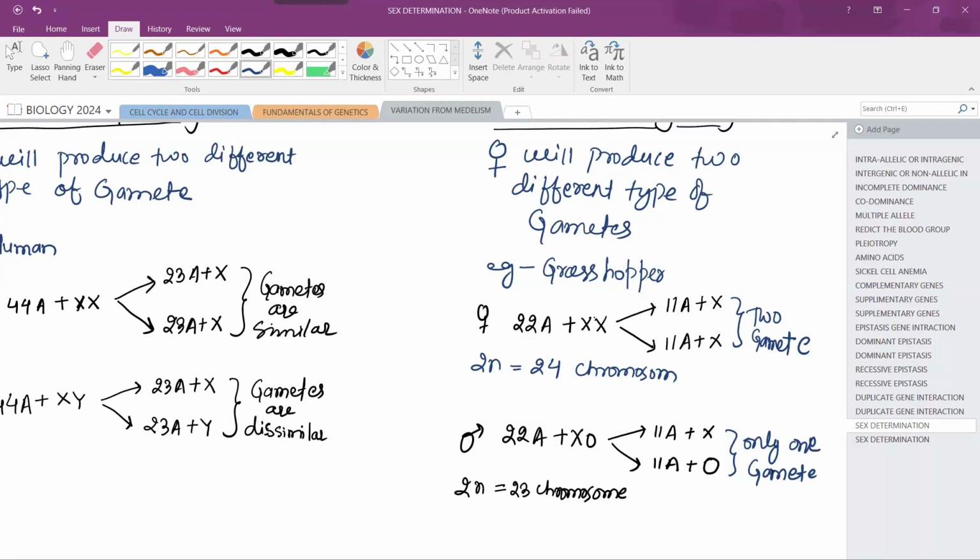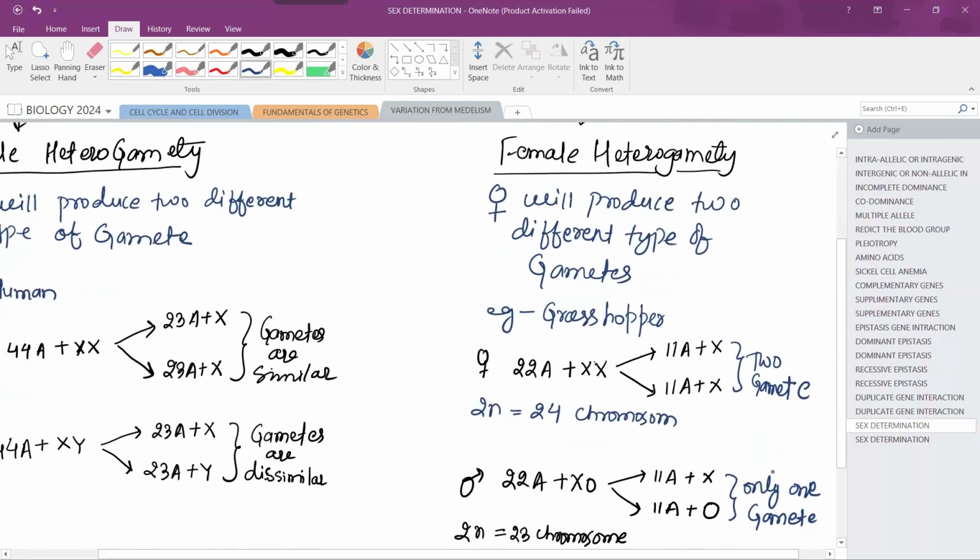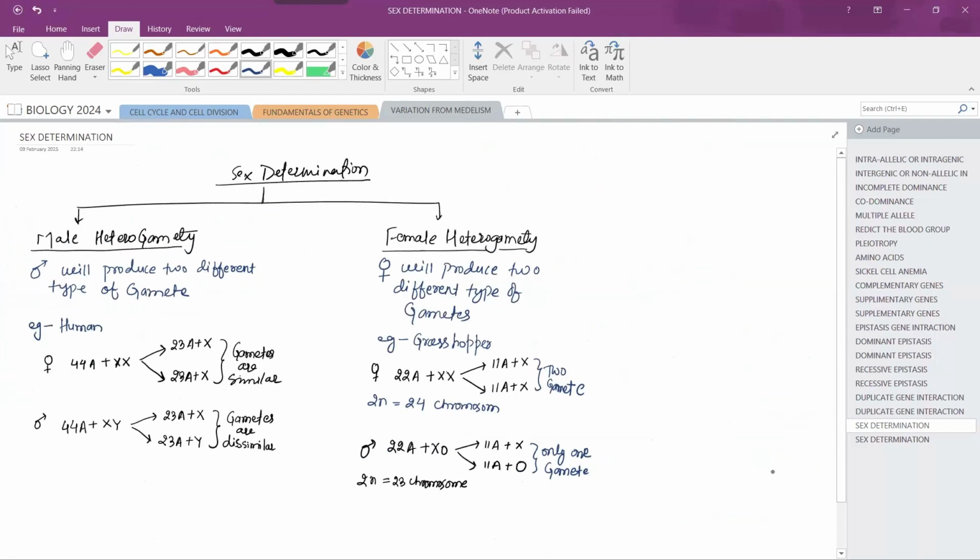Any doubt? No. Okay. Let's take male heterogamety of different types, then you will understand it clearly.